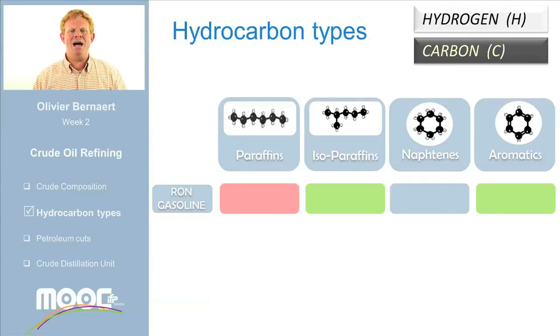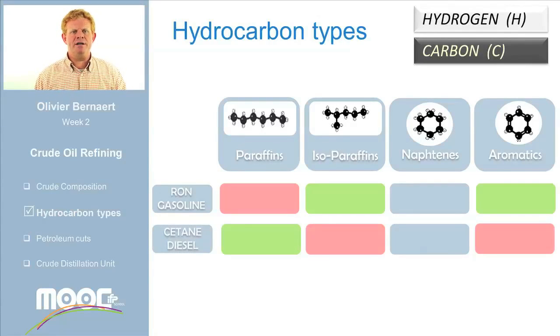On the contrary, isoparaffins and aromatics have a high RON suitable for the gasoline fuel specifications, discussed in the previous lecture with Ludivine. Moving on, consider the cetane number. We find that paraffins have a high cetane number compared to isoparaffin and aromatics. Remember, as seen with Ludivine, if the RON is low, the cetane number is high, and on the contrary, when the RON is high, the cetane number is low.